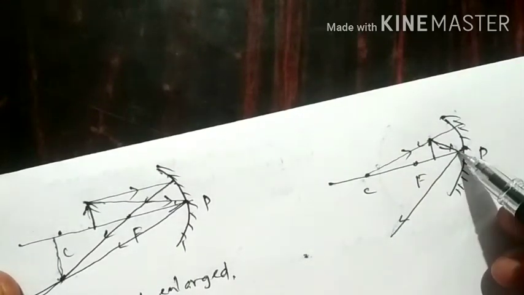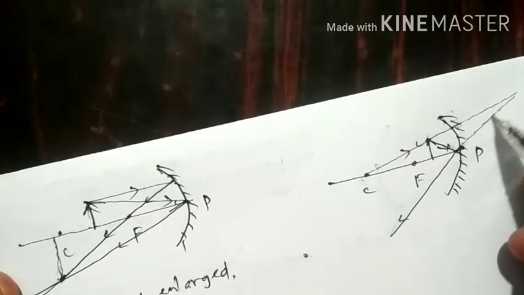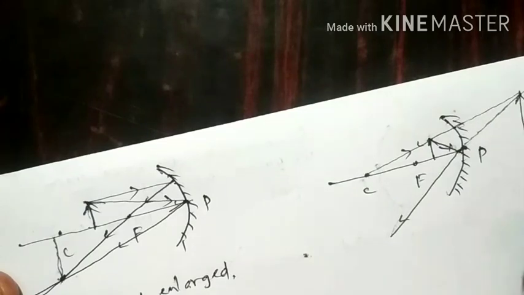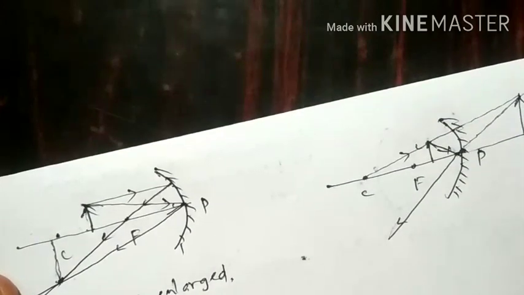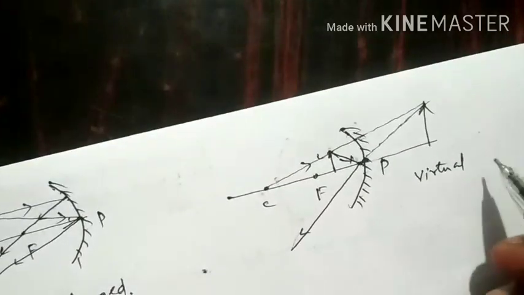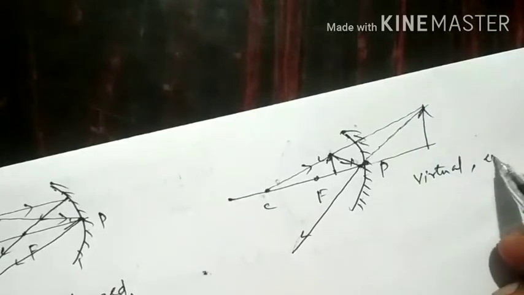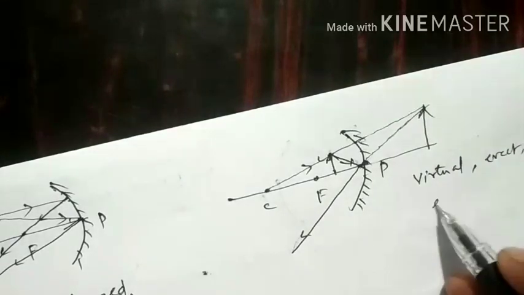So these two are not really intersecting. If we extend these two light rays backwards, you are going to get the image. This image is virtual, behind the mirror. The image is virtual and erect, because the object is like this and the image is also above the principal axis. Erect and enlarged. The size of the image is greater than this one.